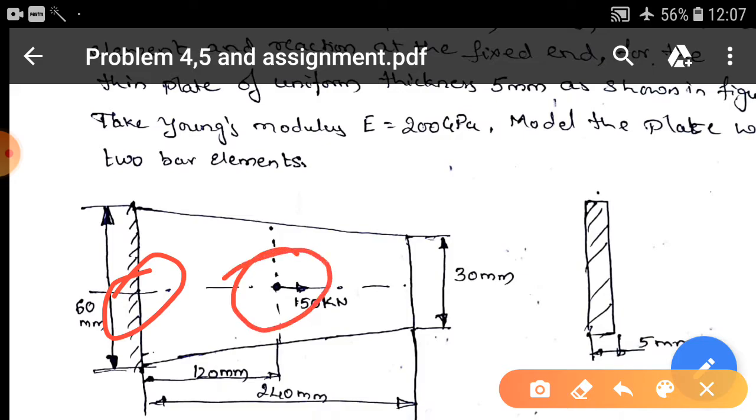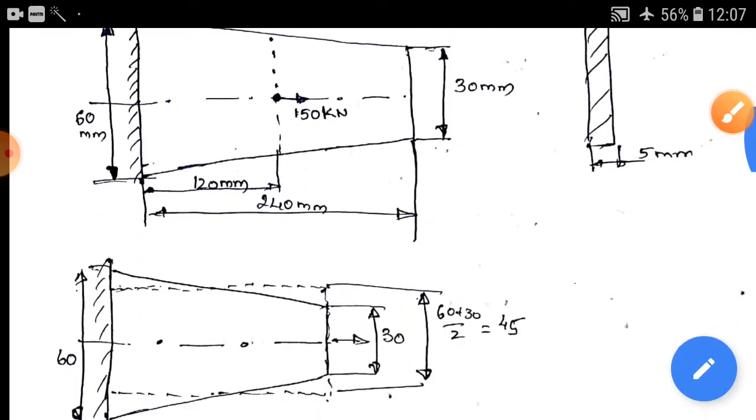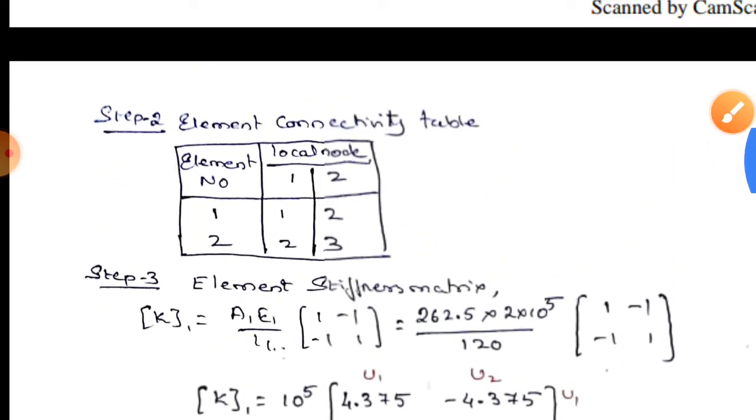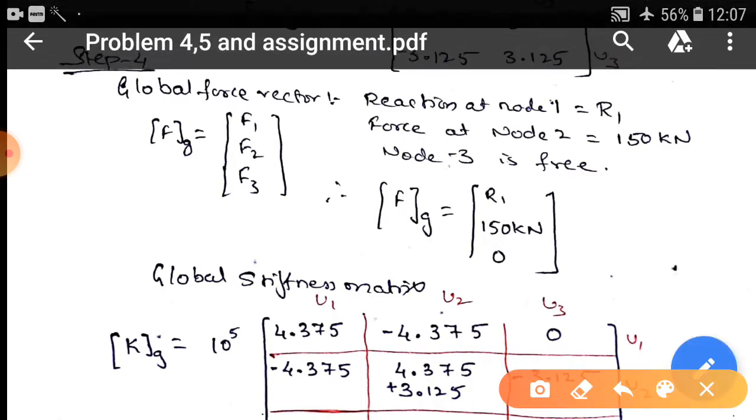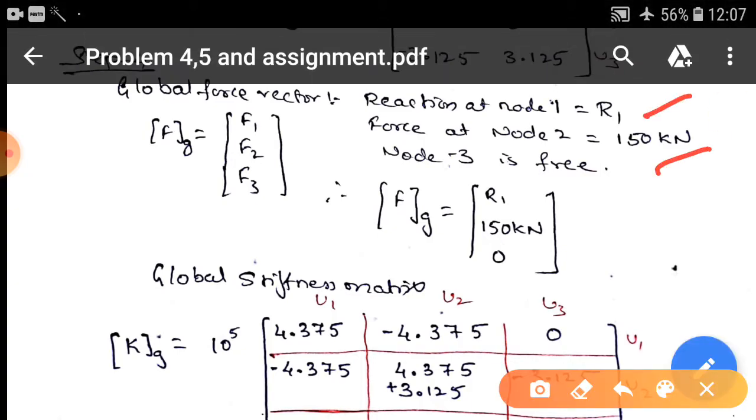Second is this node, where the force of 150 kN is applied, and node 3 is again free. So our global force vector will be F1 is R1, that is the reaction at that node, F2 is the applied force 150 kN, and F3 is free, that is 0.